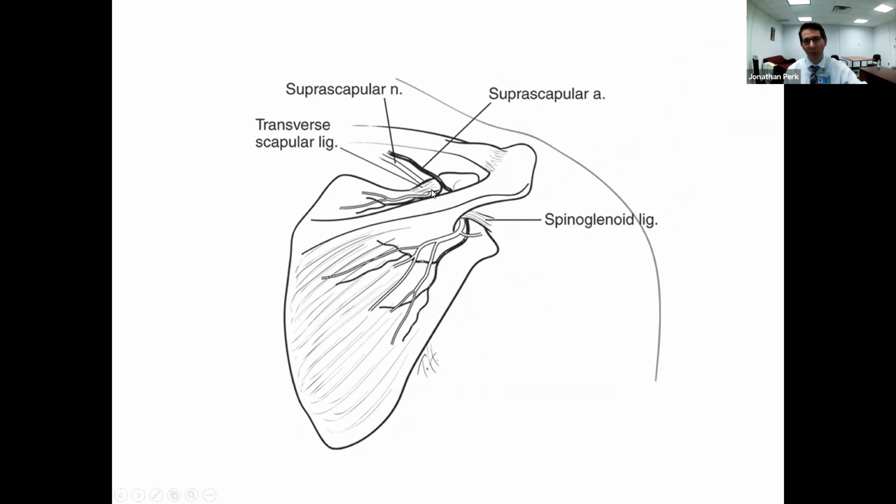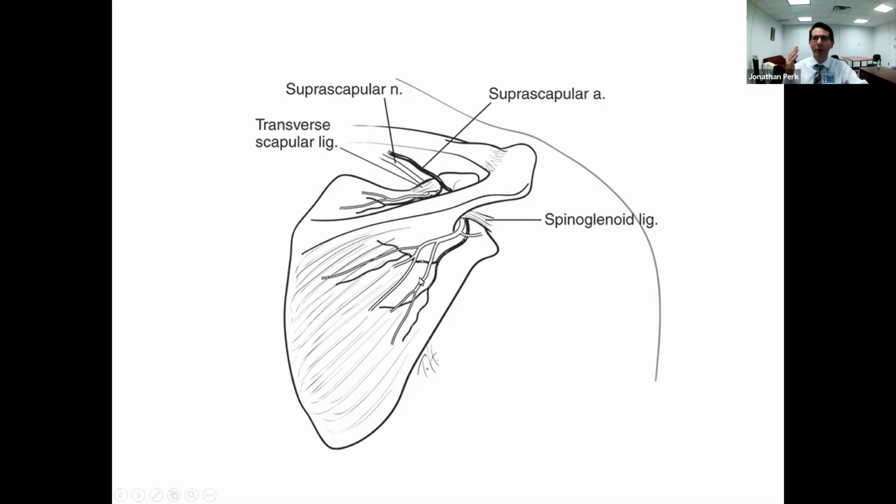We'll show the muscle in a moment, but I just want to make sure we get this concept. And then we have the distal branches that go underneath the spinoglenoid ligament here inside the glenoid cavity. Okay? And then they reach the muscle here, the lower muscle.